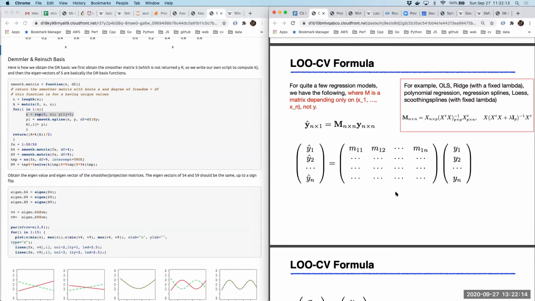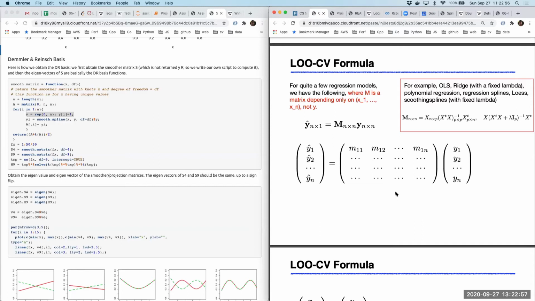But that matrix itself only depends on X. So if I fit data with the same X1 through Xn, but my Y is now, in this particular setting, Y1 is 1 and Y2 until Yn are 0, once I send this into that black box with all the parameters fixed, I should get the same M matrix. Now, once your Y is 1, 0, 0, 0, based on this matrix shown here, you're going to find out your Y hat will be the first column of the M matrix, as your fitted value.